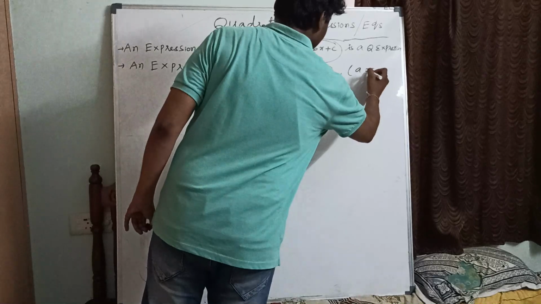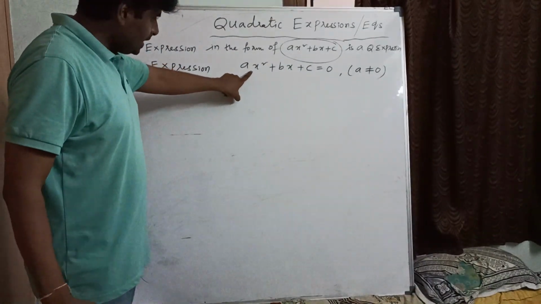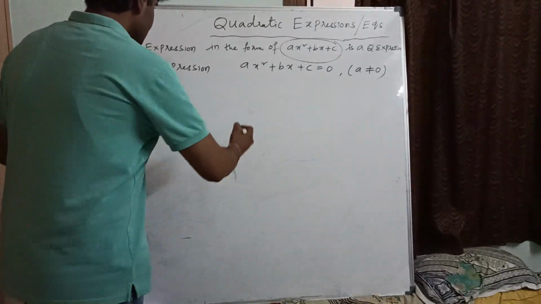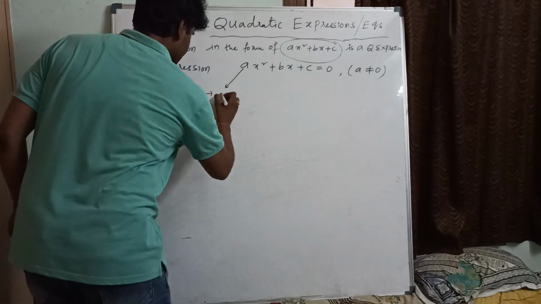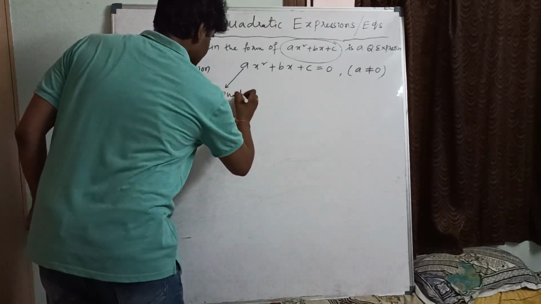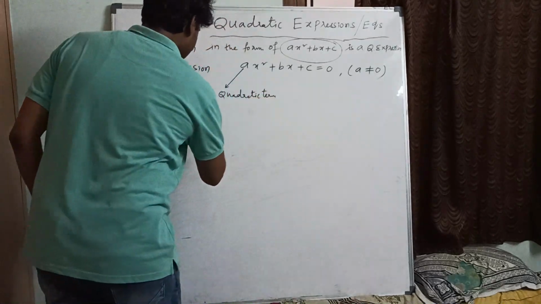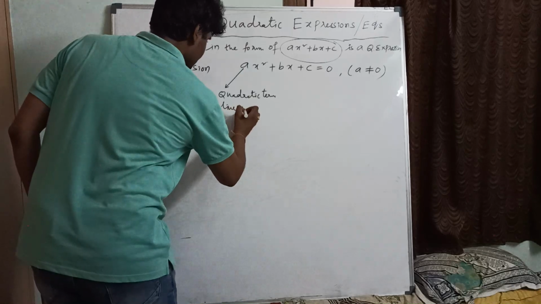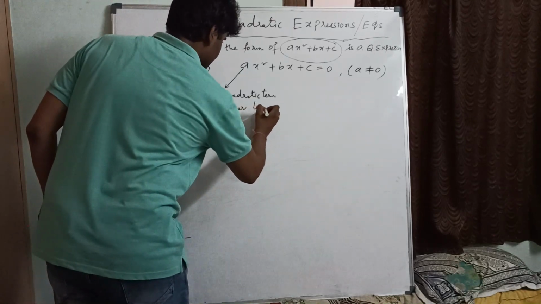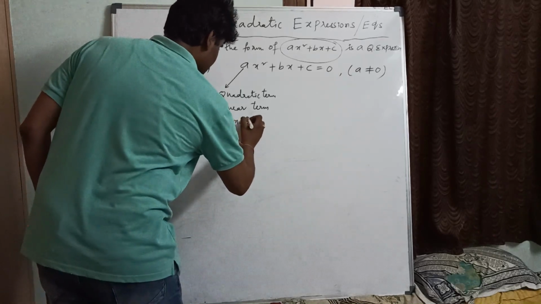Before that, a should not be 0, because a is the quadratic term. So a is the quadratic term. And b is the linear term, because it is the coefficient of x. And obviously c is the constant term, as we know.